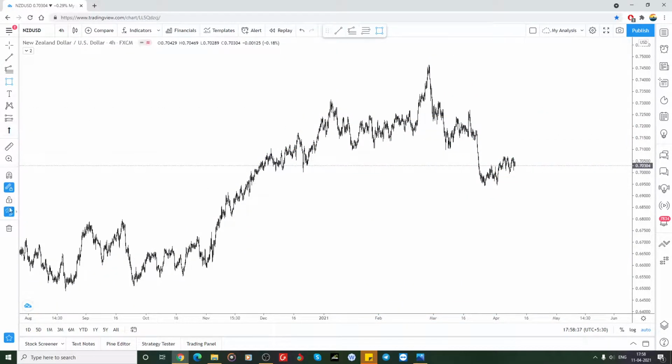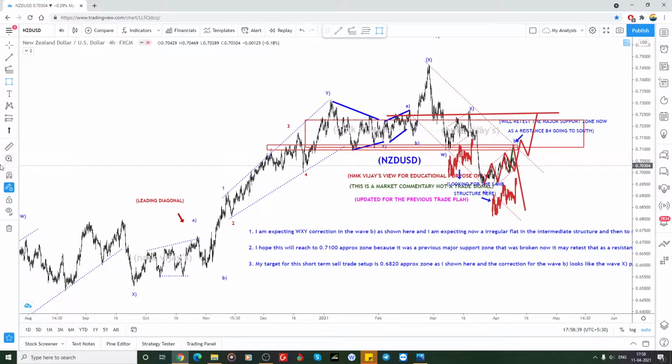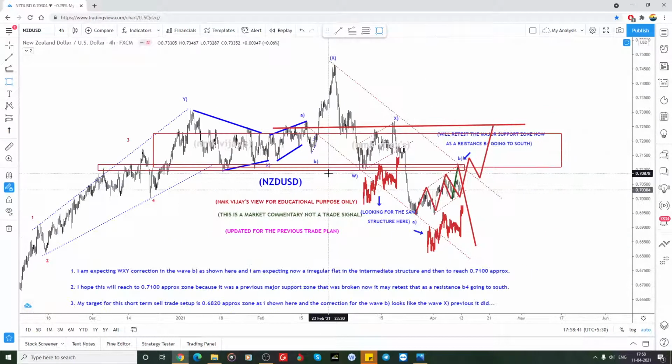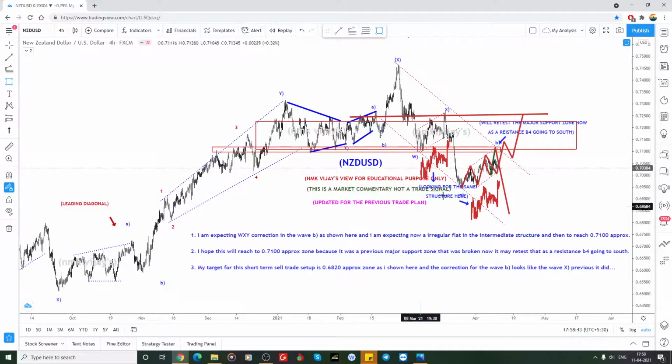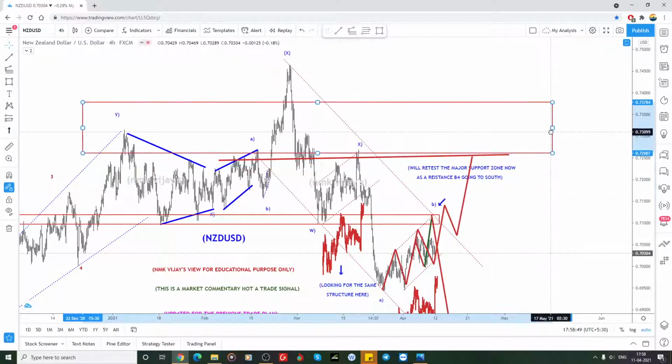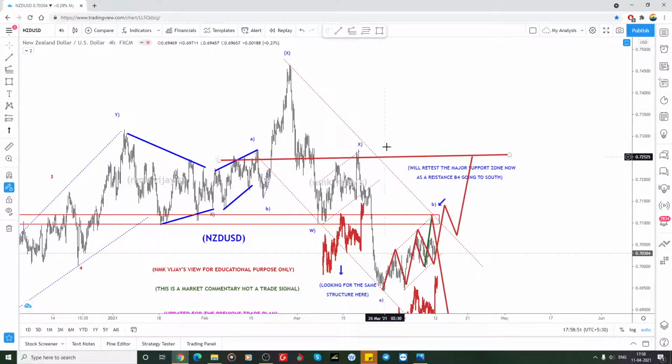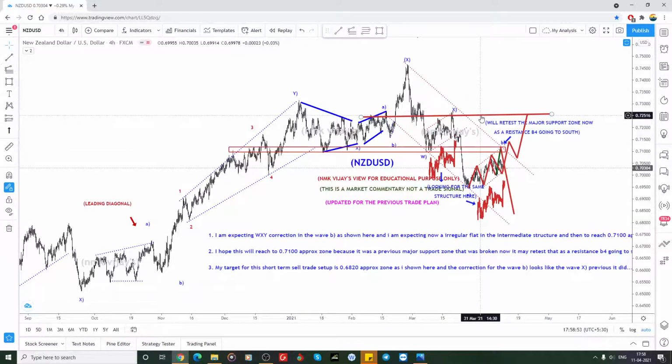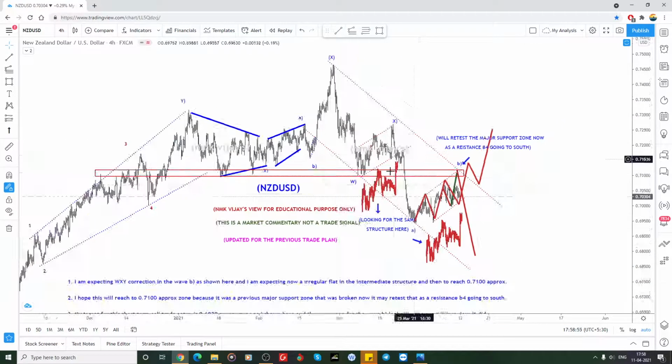So what I am expecting and I explain here is, sorry, here this is the major support zone. Once again I will remove this. See, this is a major support zone.